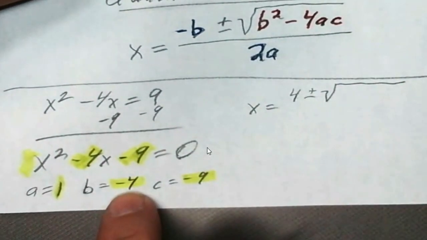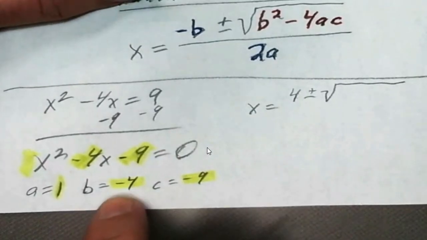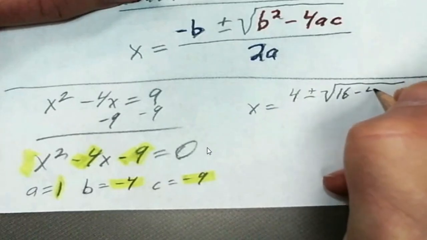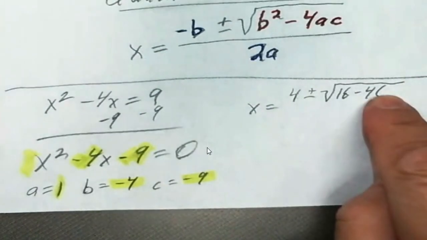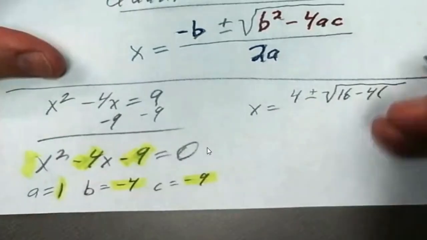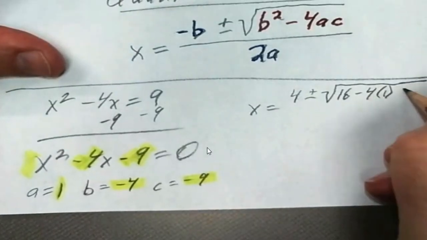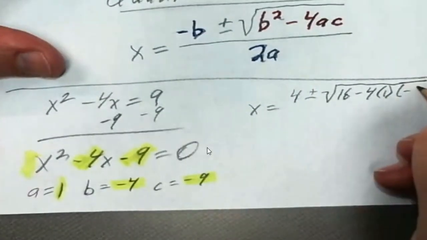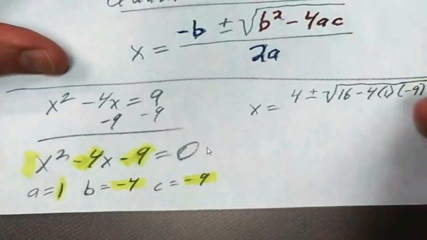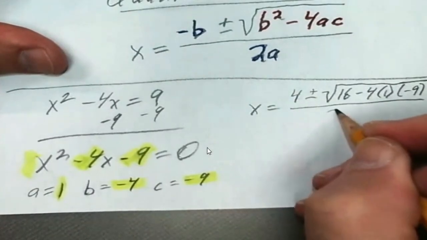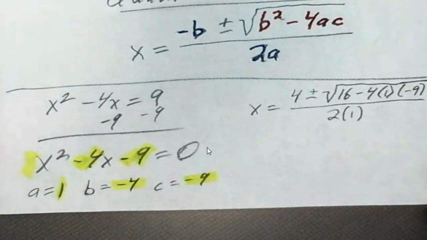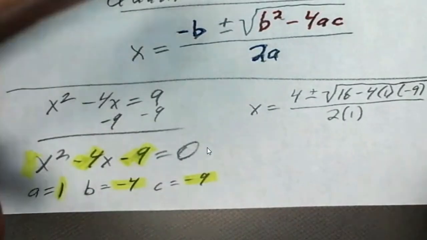Again, negative 4 is b, so negative 4 times negative 4 is 16, minus 4 times a, which is 1, times c, which is negative 9, all over 2 times a, which is 1. Okay, now we have to start simplifying.